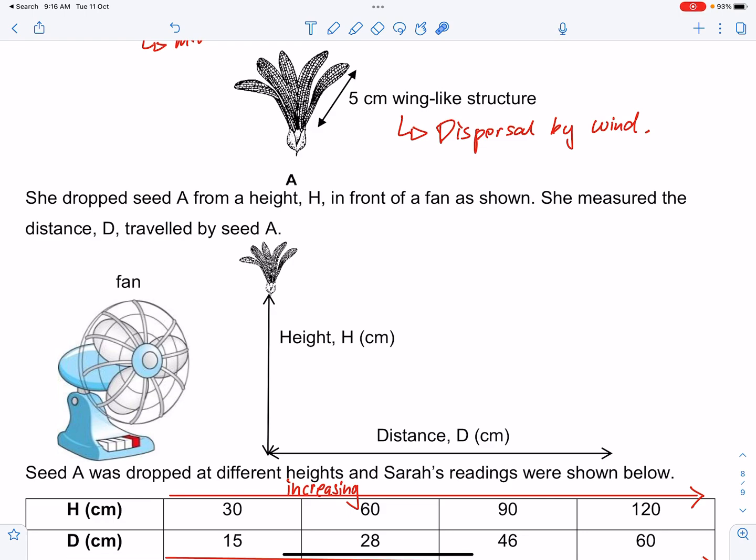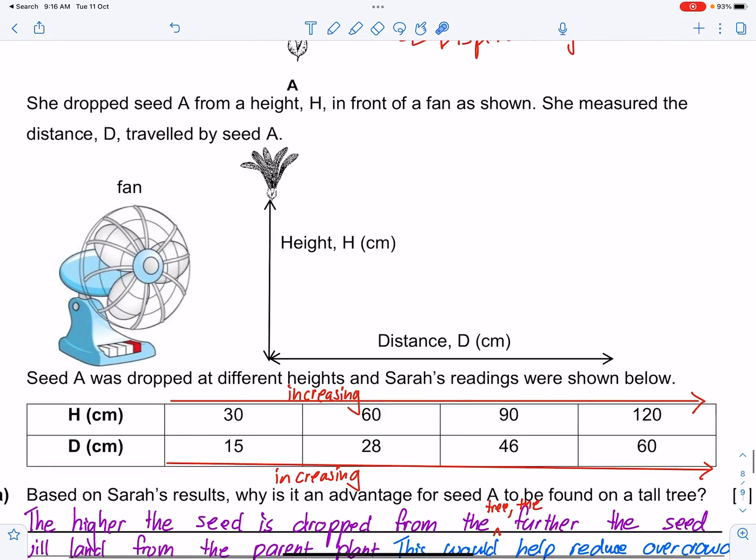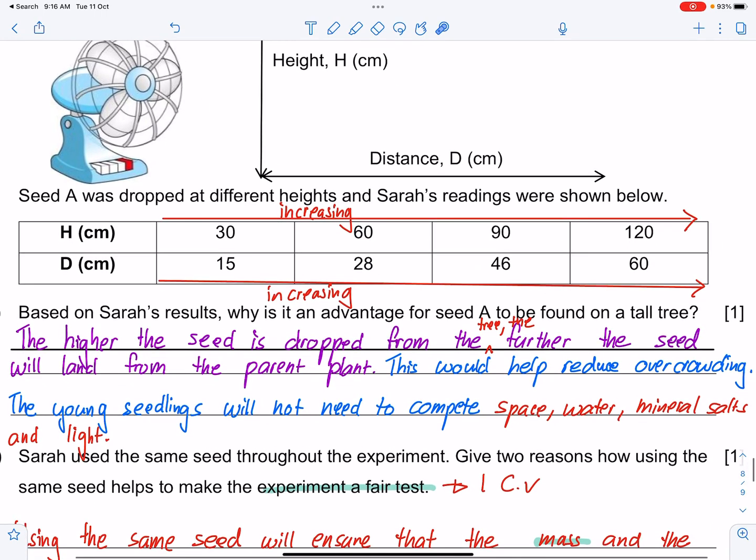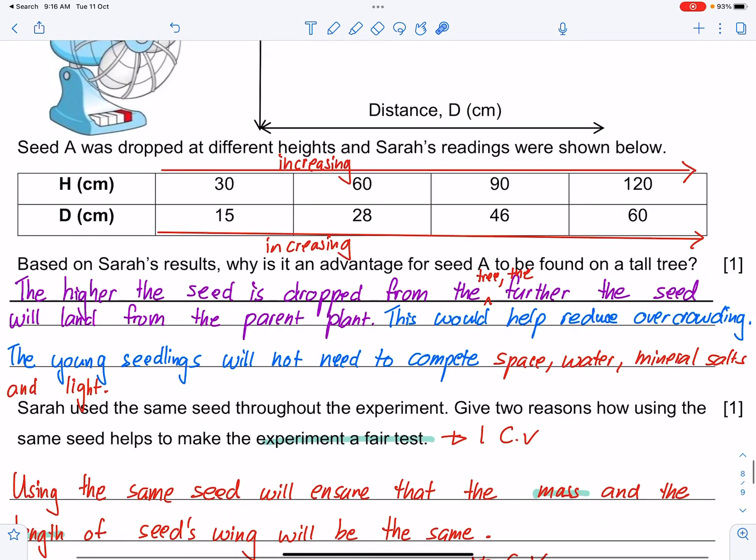Okay, so then she recorded her results in a table below. Now, whenever you have a table, I always tell you to do your arrows to show the trend. So in this case, we know that as the height increases, your distance traveled from your parent will also increase.